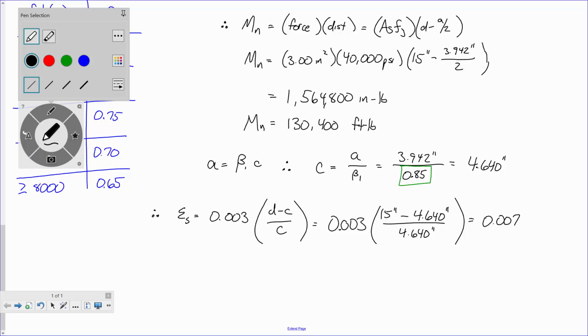Okay, so this is a beam that's phenomenally ductile. Remember, we want that number to be above 0.005 because that indicates high ductility. This is above that, so it's highly ductile.